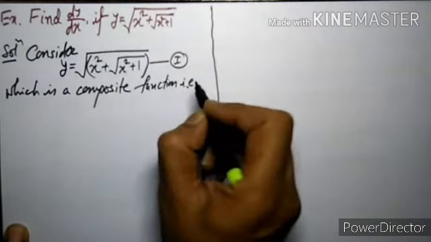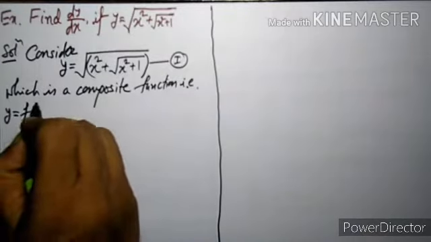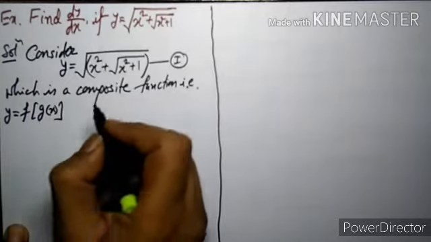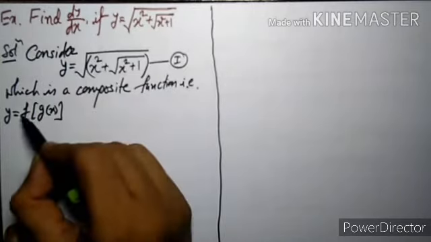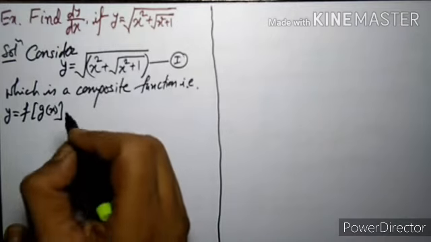That is, particularly we will write the form y is equal to f of g or g of f, whatever it may be, you have to fix it. So square root is f and this bracket now we will consider as g of x.